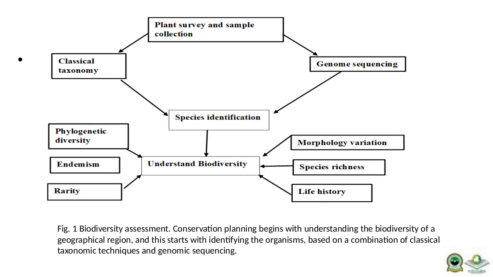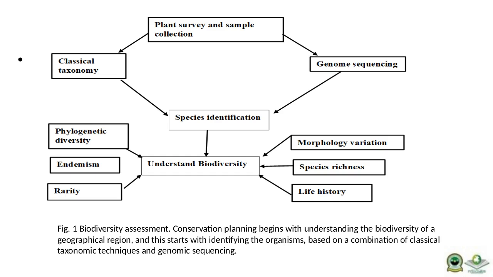biodiversity assessment. To have the plant survey and sample collection, you go to the field. You can approach it with classical taxonomic and genomic sequencing, to know at the gene level or species level where the sample you've collected is from. You have to now identify the species and move down to understand the biodiversity.